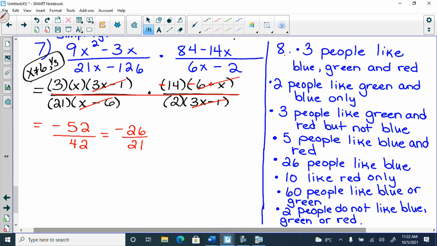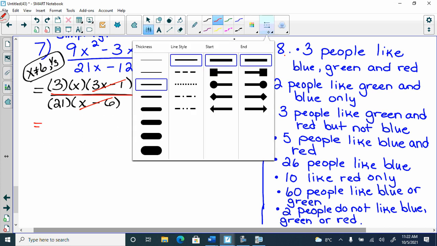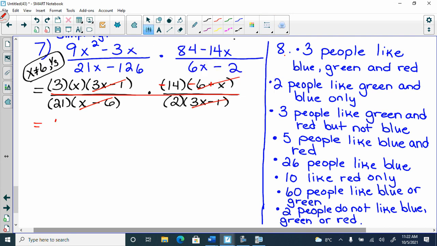Oh, they work out nicely. Look at that. So we get 42 over -42, which is actually -1, followed behind with x can't equal 6 or a third.